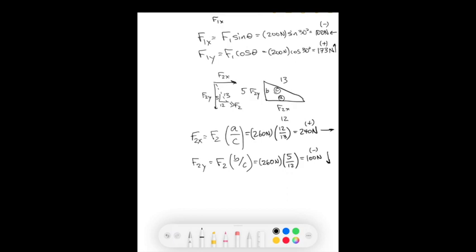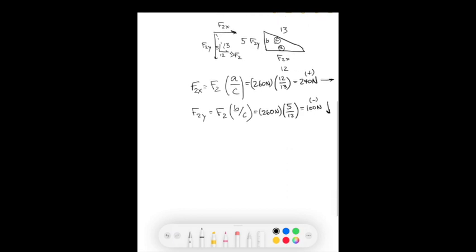Now the last thing we need to do is add this up. So we see that the F1 vector is equal to F1x plus F1y. And we're going to use our Cartesian unit vectors. So this is negative 100 newtons with the x-axis Cartesian unit vector, i, and this is 173 with the y-axis Cartesian unit vector, j, and we have the units there of newtons.